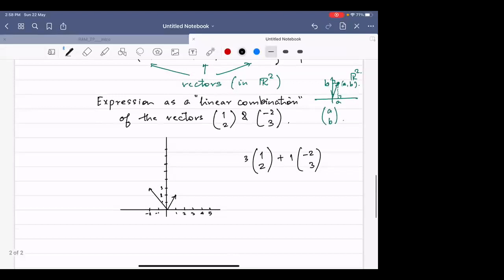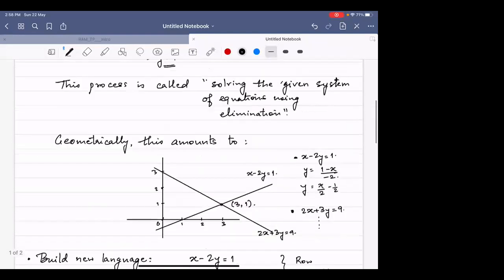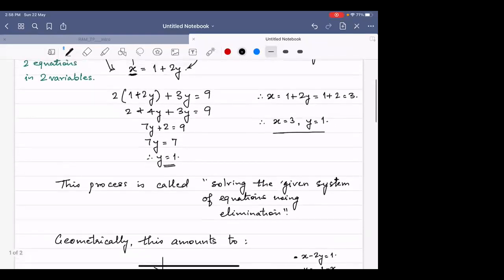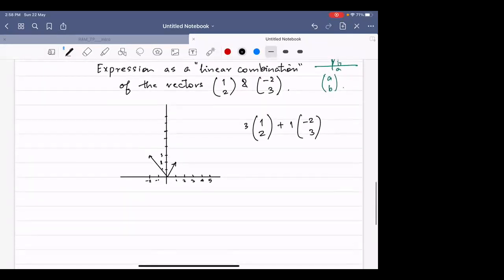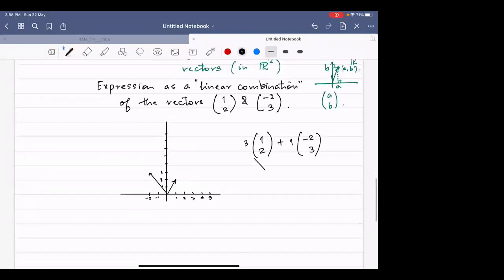How did you get 3 and 1? Oh, I just looked at this solution and I'm trying to explain geometrically what it means. Yeah. So 3 times 1, 2 means the vector.